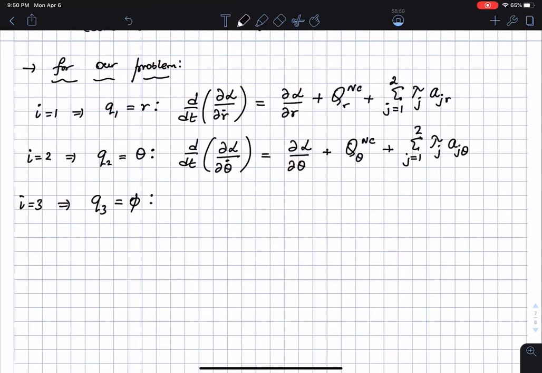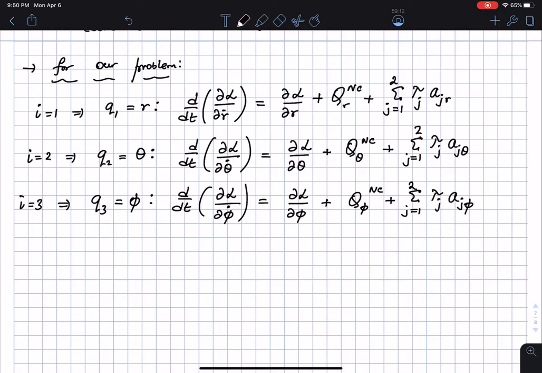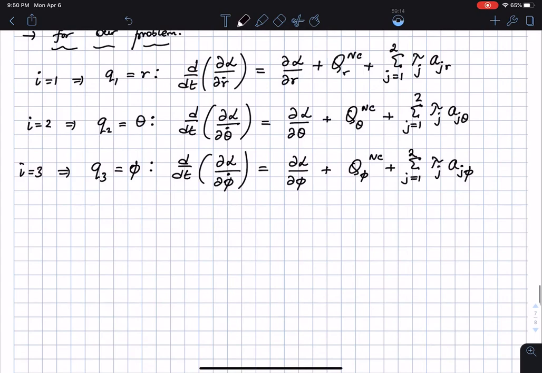But this is just to make it a little simpler to look at. All right, and this is d by dt of dL by d phi dot, which is dL by d phi plus Q_phi non-conservative plus summation j equals 1 to 2 lambda_j a_j phi. Okay, so this is what we have.